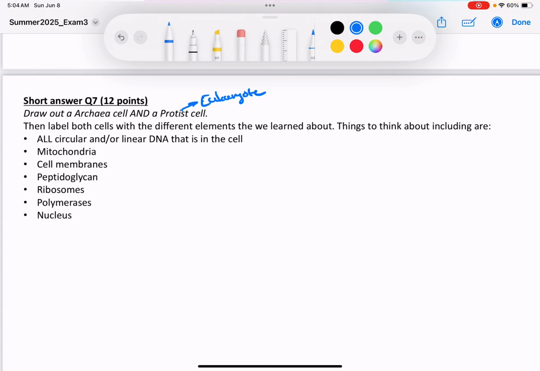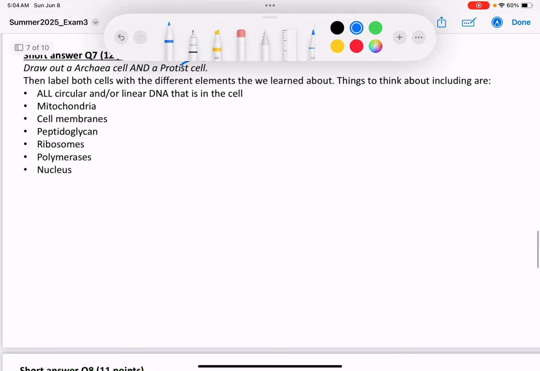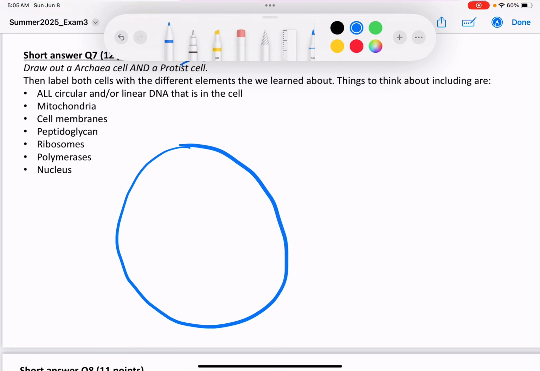Things to include are circular and linear DNA, mitochondria, cell membranes, peptidoglycan, ribosomes, polymerases, and the nucleus. Okay, so let's draw out the archaea first. So here's the archaea, and it's going to have circular DNA in it.